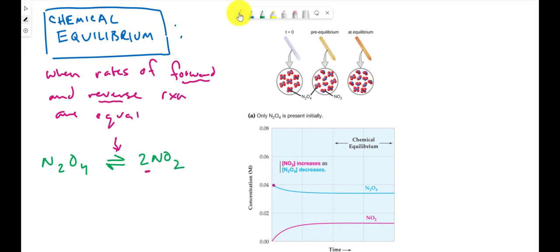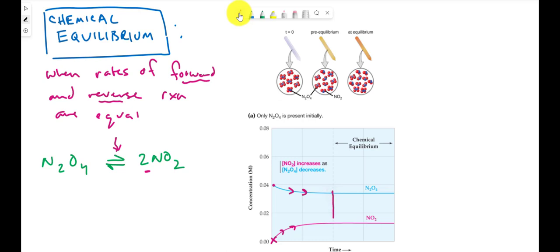So you're getting twice that for every 1 mole of N2O4. More importantly, if we start with 0 NO2 in the reaction chamber, we start to see more and more of it being created, and that's in response to some of the N2O4 being destroyed.